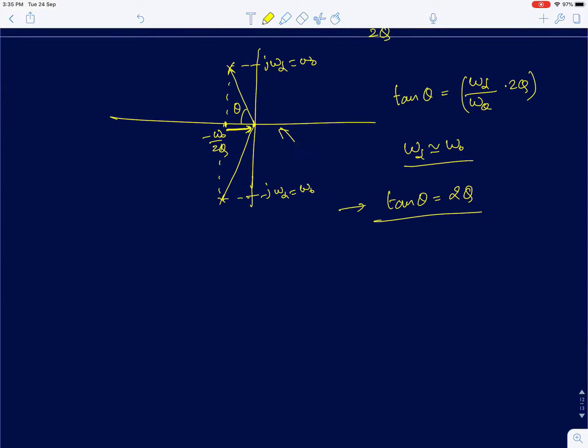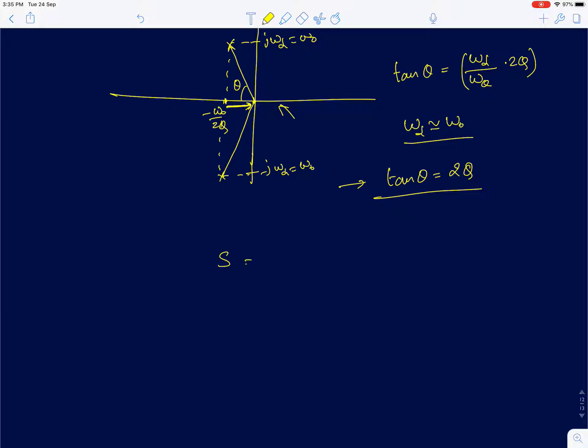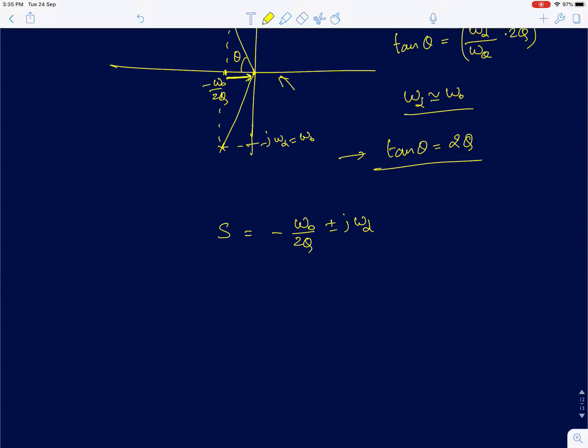Now that we know both the poles, this is minus omega naught by 2Q plus minus j omega d. Now what I will do is I will take this term to this side and write it in this way. So the characteristic equation can also be written in this way.